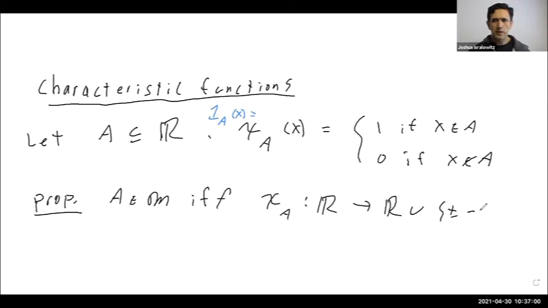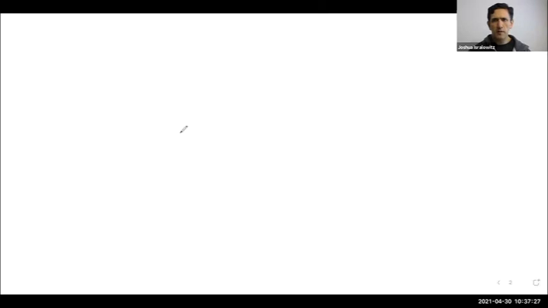Technically it's just an extended real valued function, but really it's real valued. So A is measurable if and only if this function is measurable, and obviously R is measurable. Okay, let's see how to prove this. It's fairly straightforward.